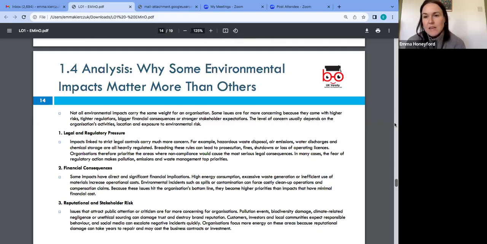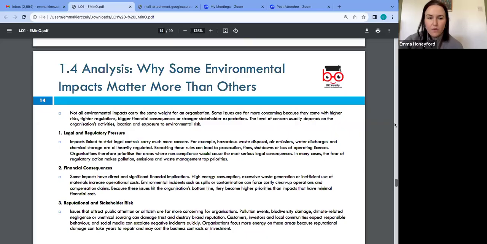A lot of organisations do prioritise these areas where non-compliance could mean legal consequences. I've found that a lot of organisations will mostly focus on the legal pressure side.